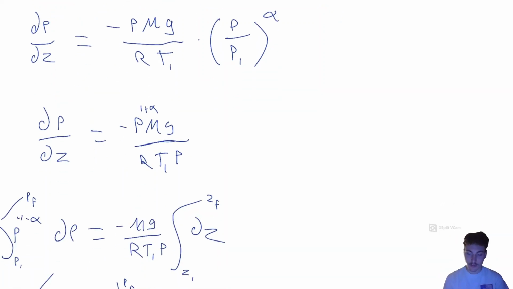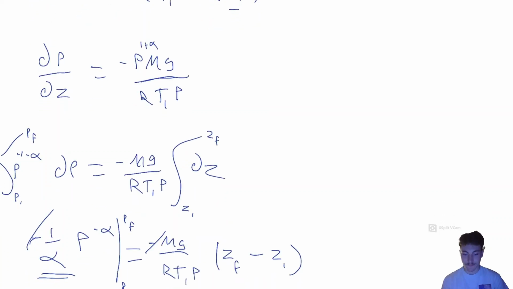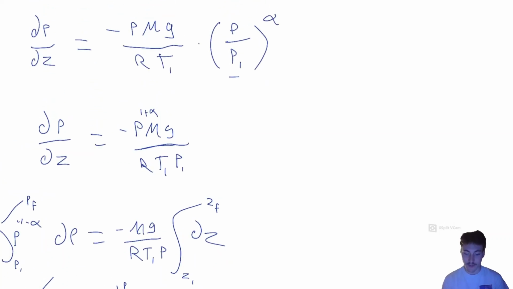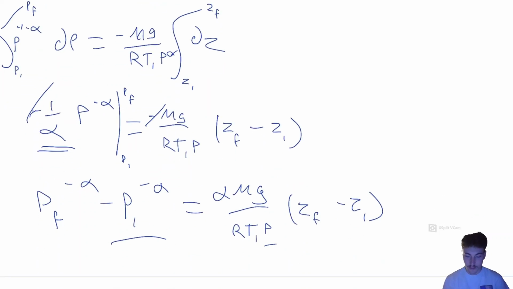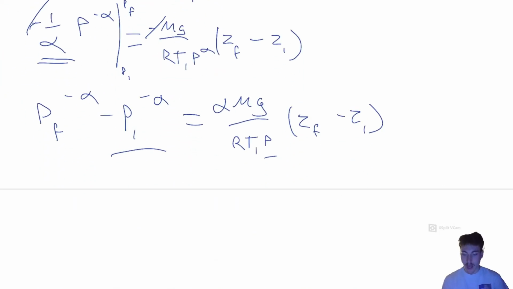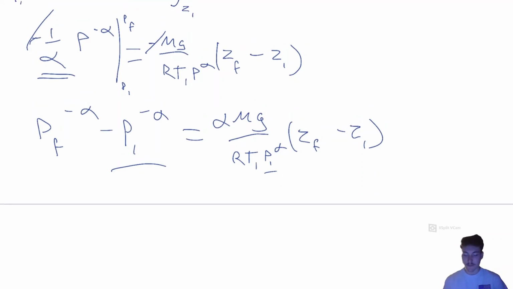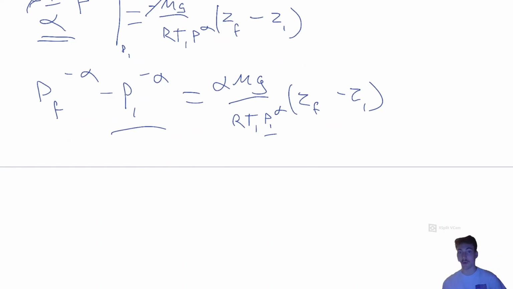Yes, so right here, when I moved this p1 down here, I didn't move the alpha, so it should be p1 to the alpha for all of these. Let me just put those in real quick. This is p1 to the negative alpha, so we can move that to the outside, and once we move it over, the negative alpha will just cancel out.